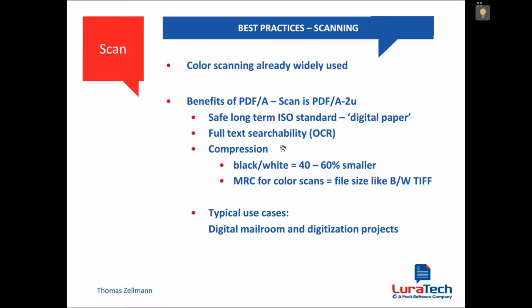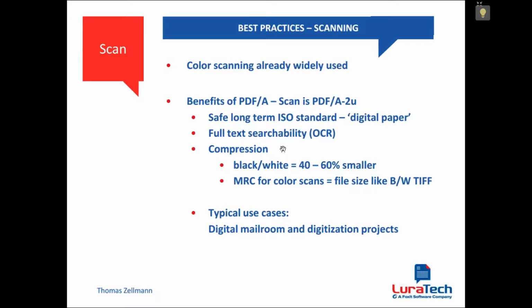It offers full-text searchability, which is, according to our customer experiences, one of the major benefits. If you just scan a document, it's a pixel document which is just stupid or dumb. You cannot really work with it. You just look at an image and can read the text, obviously, but the real fun and processing of documents starts with searchability.